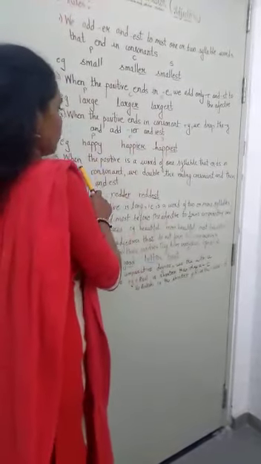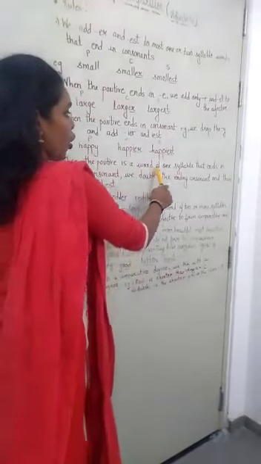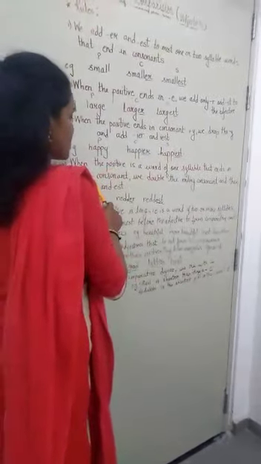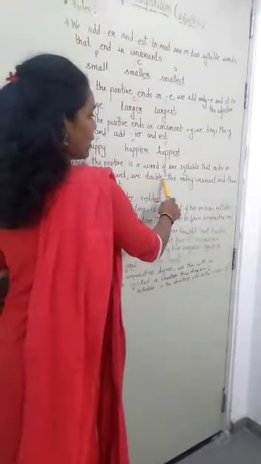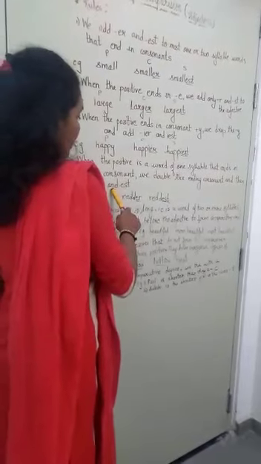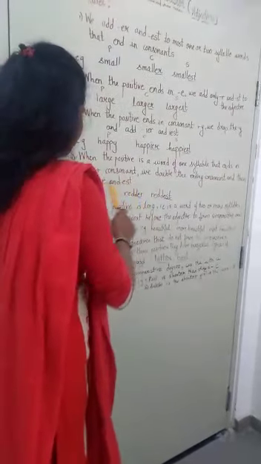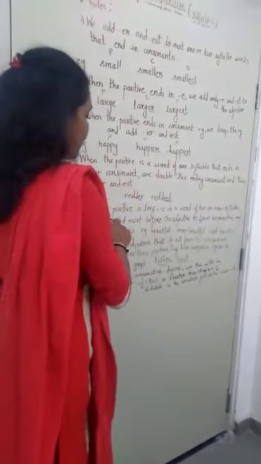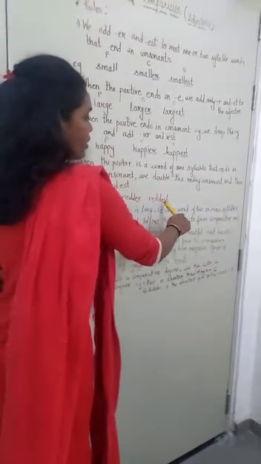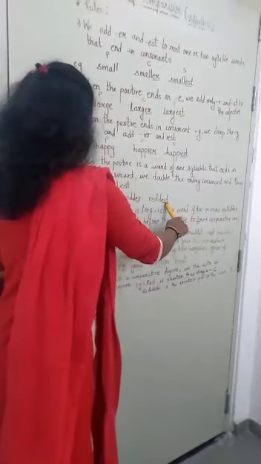Fourth one, when the positive is a word of one syllable that ends in vowel plus consonant, we double the ending consonant and then add ER and EST. For example, red, redder, reddest.